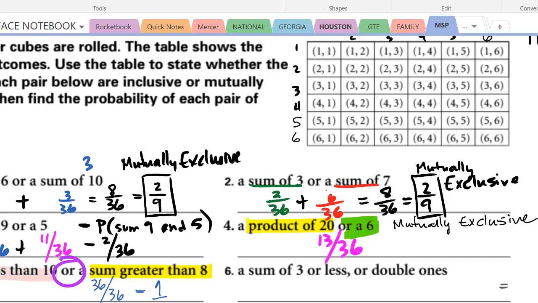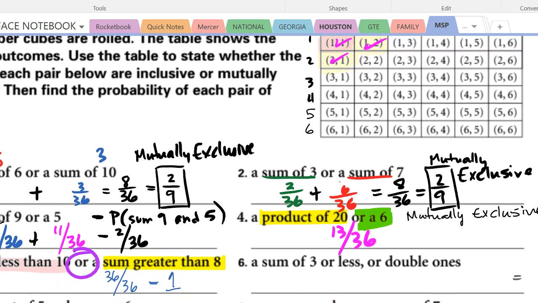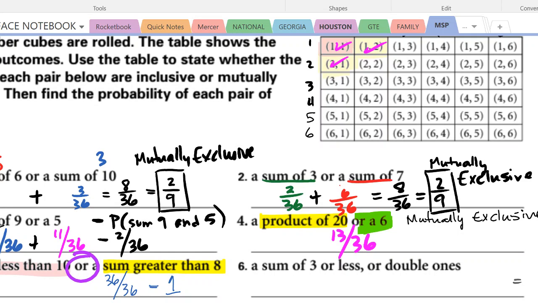So moving on. Let's do the next one, a sum of 3 or less. So your two rows are adding up to 3 or less, so you can count the 3. That would be those 3. Or double ones. Alright, you will notice there was overlap. However, as long as you just do what I do, 1, 2, 3, and count the end result, what is highlighted or circled, then you're going to get the right answer.